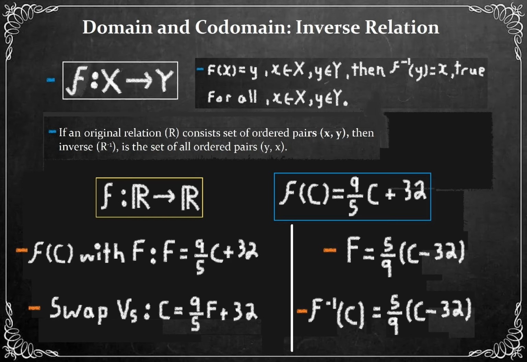Thus, the domain and codomain swap characteristic is clearly demonstrated. The domain of f, capital R for real numbers, became the codomain and range of f inverse, and the codomain and range of f, R for real numbers, became the domain of f inverse.